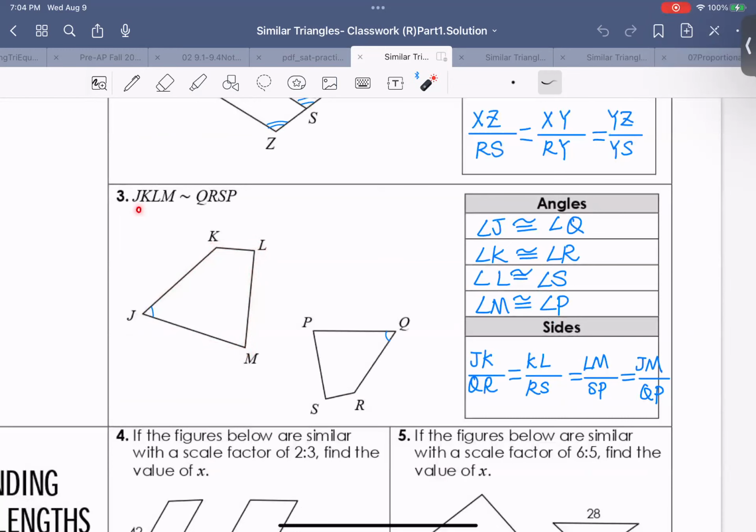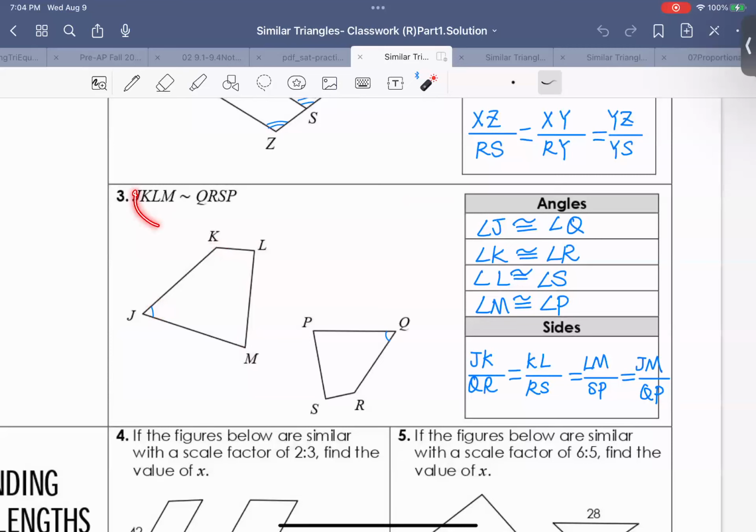If they say JKLM and QRSP, so J corresponds to Q, K corresponds to R, L corresponds to S, and M corresponds to P. If these two are similar, then you will have these four angles congruent, and the four side ratios equal.